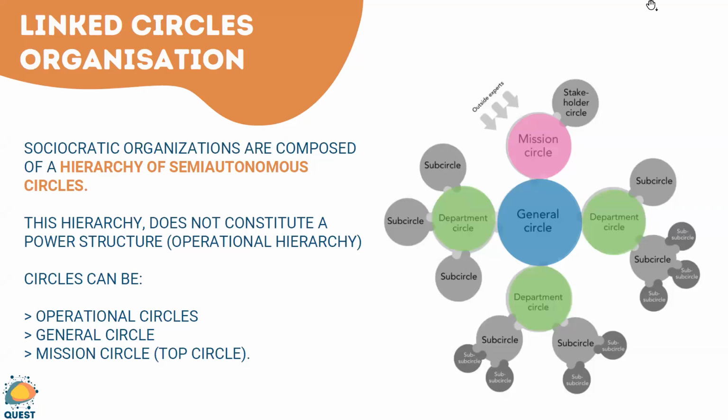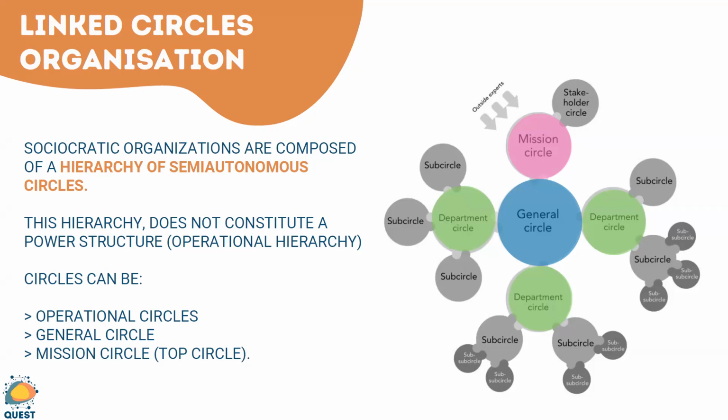As I said, in sociocracy, decisions are made in a linked circle organization, because sociocratic organizations are composed of a hierarchy of semi-autonomous circles. So there is a hierarchy in sociocracy, but this hierarchy does not constitute a power structure per se. It's more an operational hierarchy that is based on specificity.